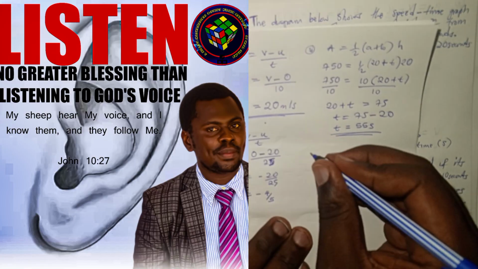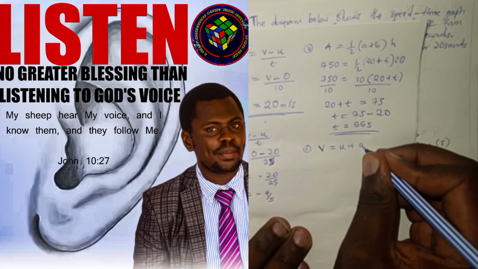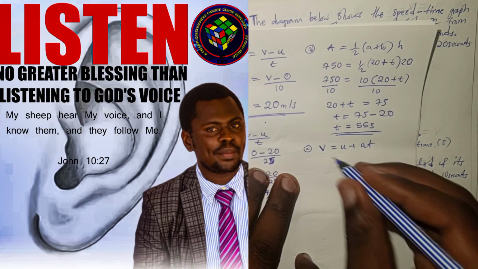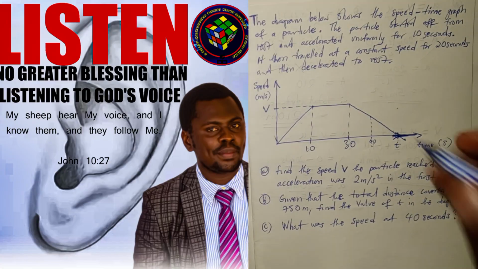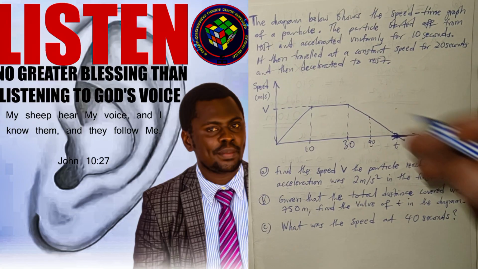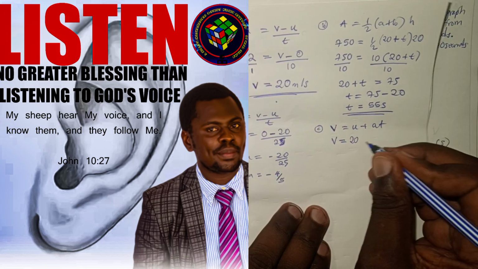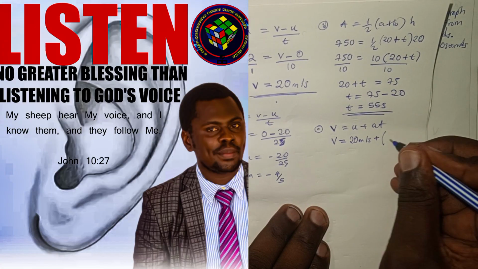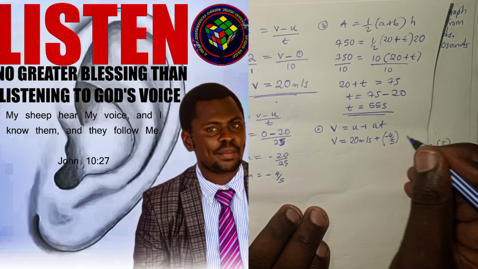And we know that speed or velocity is equal to u plus at. So we have v is equal to initial velocity. We know that it started at v meters per second, and the v is 20. So we have 20 meters per second plus acceleration, we have negative 4 over 5, and the time that is 10.